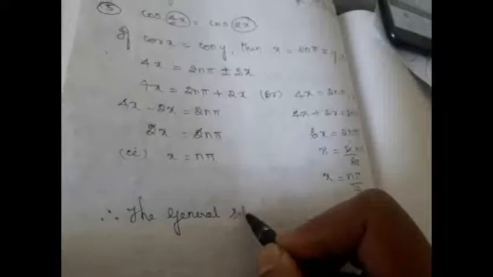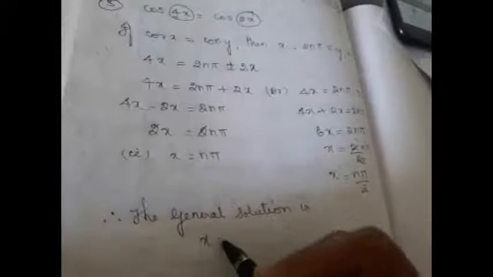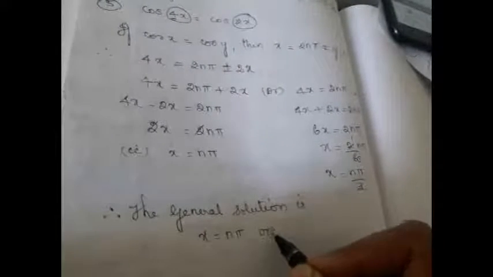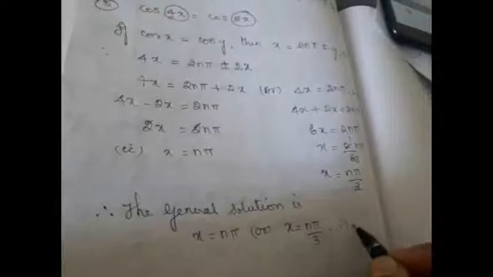Therefore x is equal to n pi by 3. Therefore the general solution is x equal to n pi or x equal to n pi by 3, where n belongs to integer z.